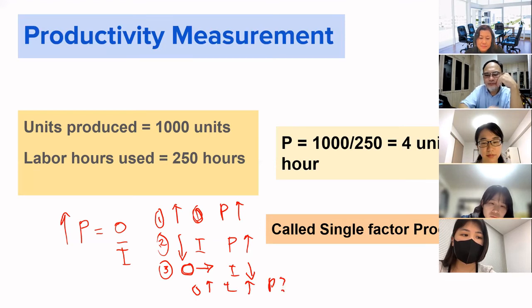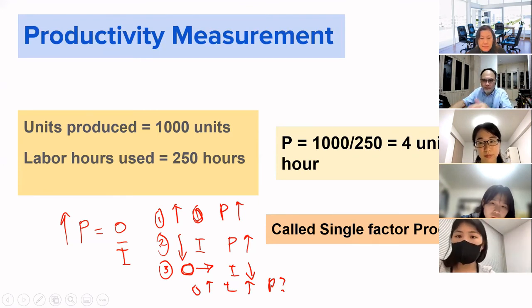We don't know. So we can compare one and another. We can compare between different products, between different production lines, between different employees. So this is called single factor. You understand single factor? Only one factor, labor.